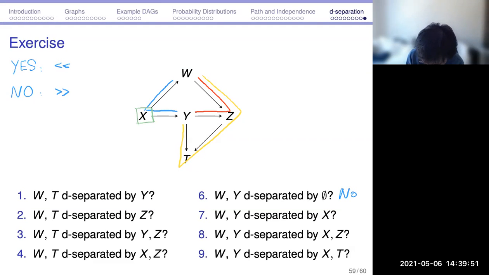So let's look at it one by one. First of all, this blue path is blocked because it's a fork and we're conditioning on the middle. For the other two, it's trickier. For the red path, we have a collider structure where Z is the collider.